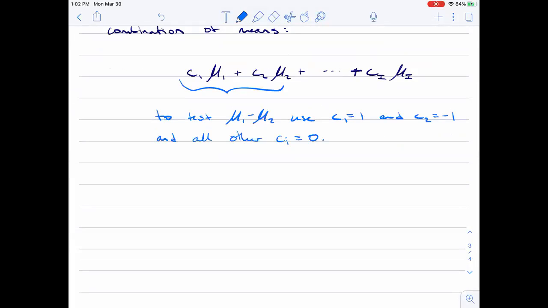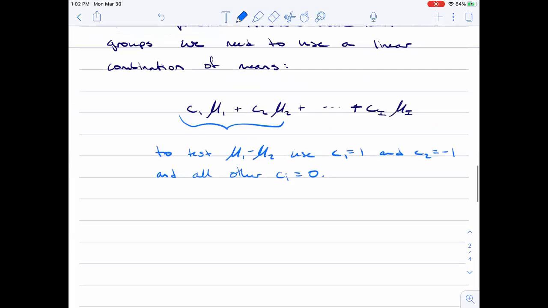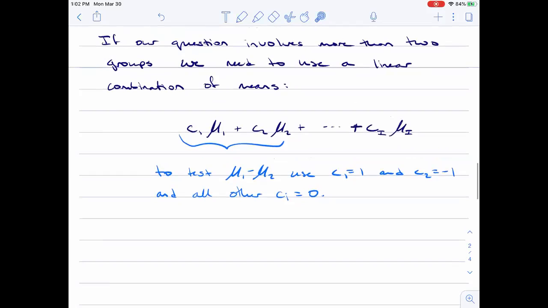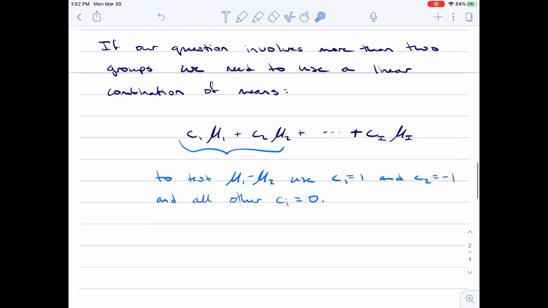That would bring you back to just comparing two different means. Here we've got a combination of means with all these different coefficients. It's a linear combination of the means, because we've got all the possible means, all the different groups, and each of them gets a coefficient, and those coefficients can definitely be 0 if you don't want to consider those groups.